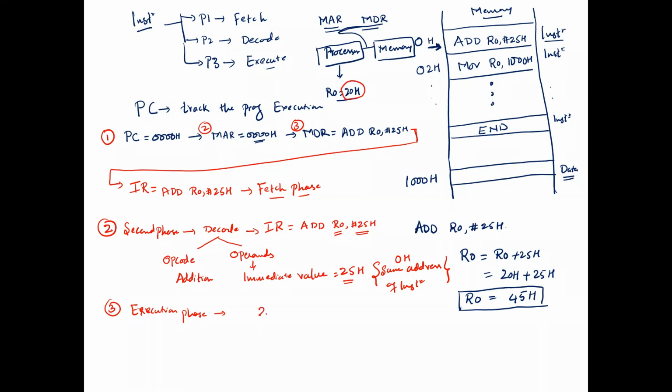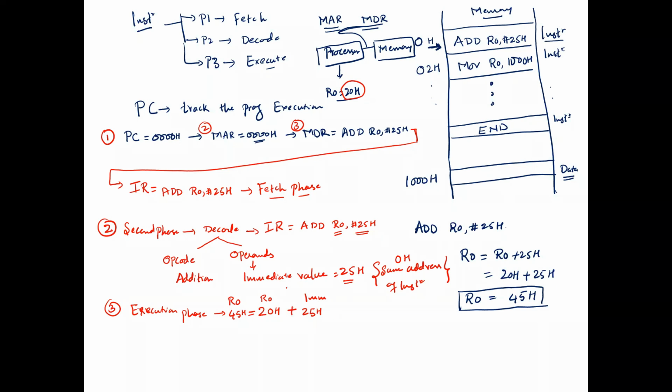So I will write 20H. This is R0 plus the immediate value. Now what is the immediate value? 25H. It will add both together and store the result in R0. So that is 45H. Now this instruction has been executed in the execution phase.